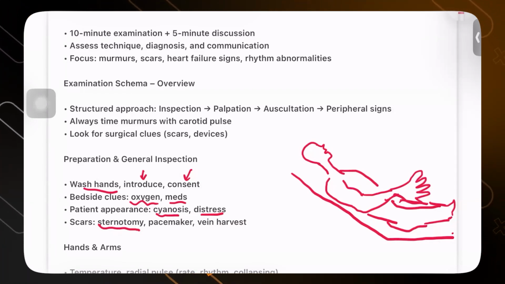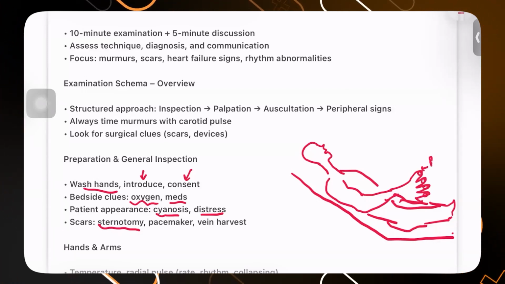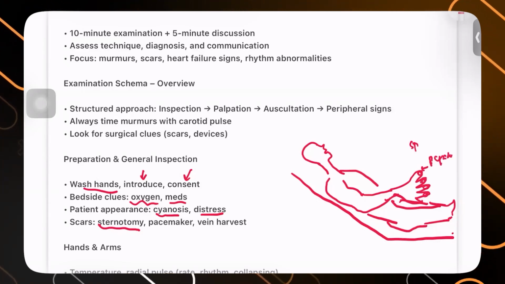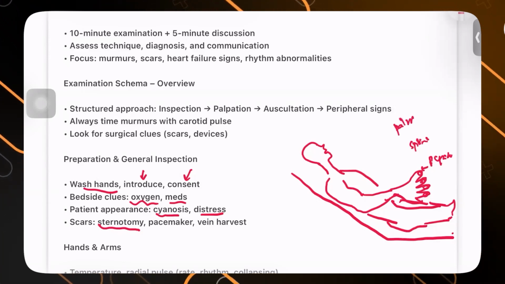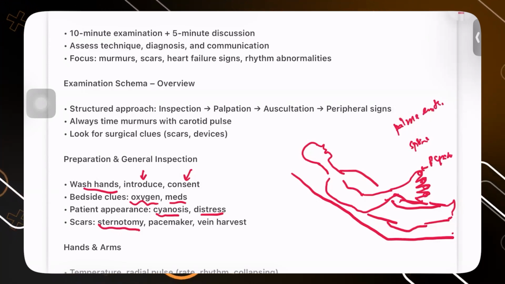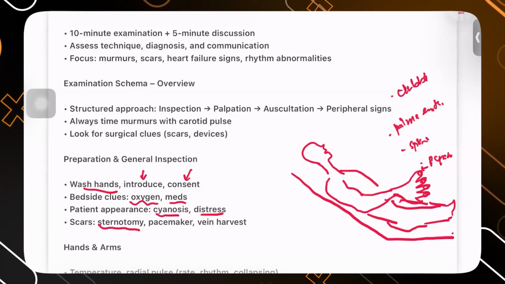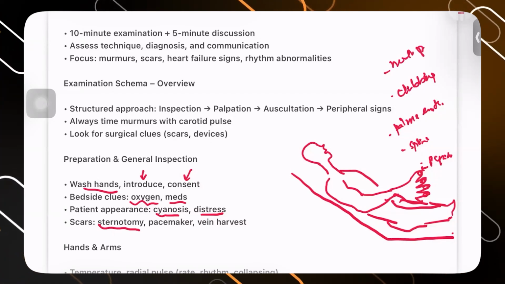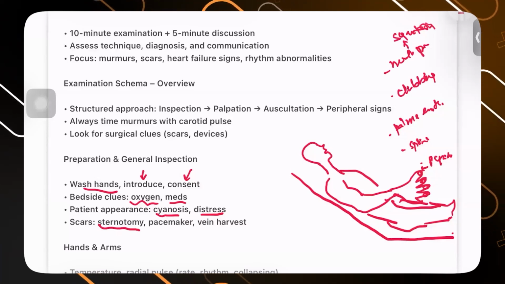You hold the hands gently in your hands and examine for any clubbing, any peripheral cyanosis, any splinter hemorrhages, any palmar erythema, and any needle prick marks, because some patients are diabetic, so sugar testing marks.